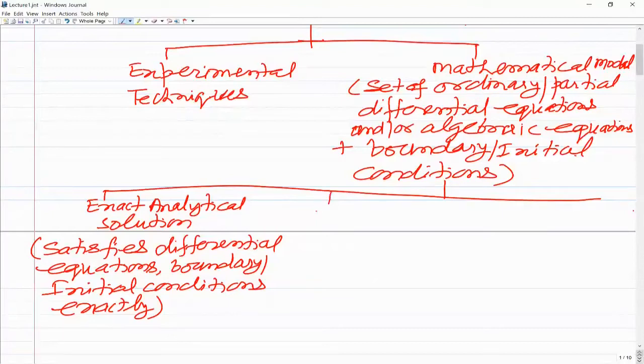Exact means it exactly satisfies the differential equations and boundary plus initial conditions, and approximate analytical solution means it will not exactly satisfy them. In all differential equations and boundary conditions, the left hand side will not be exactly equal to the right hand side, but the difference would be minimum in some sense. So we call that an approximate analytical solution.